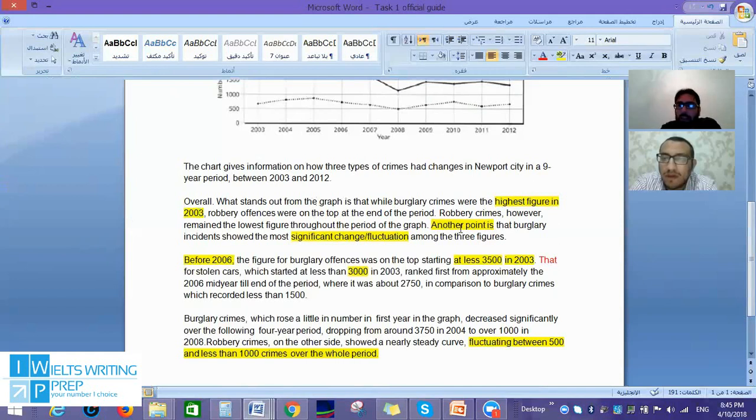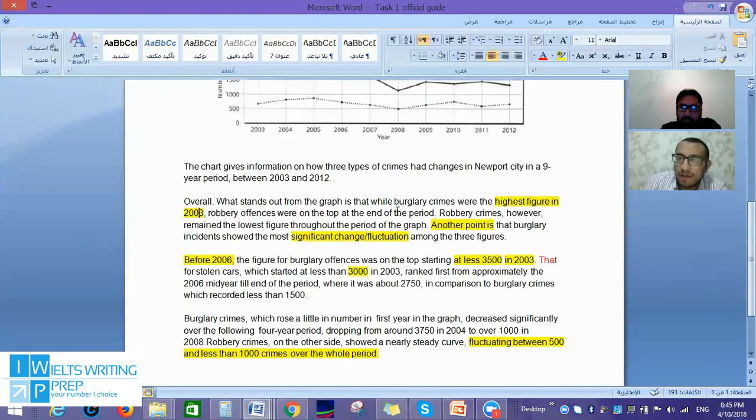We have 2003 as the beginning, and then we can leave this figure for afterwards. When we're reporting in the body paragraph, we could say, for example, in 2003, this started off as blah blah blah.